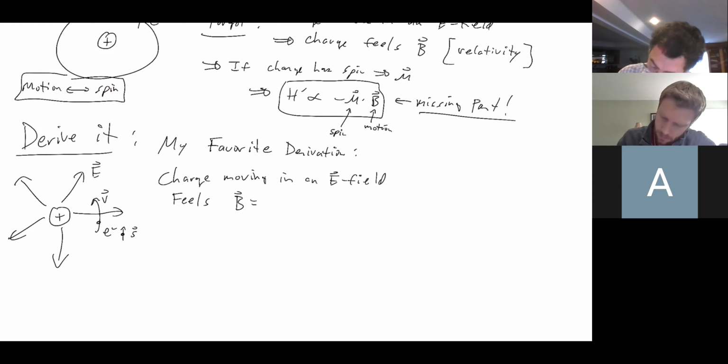B is equal to minus gamma over c squared, V cross E, in the rest frame of the charge.